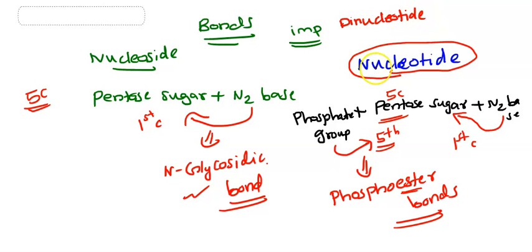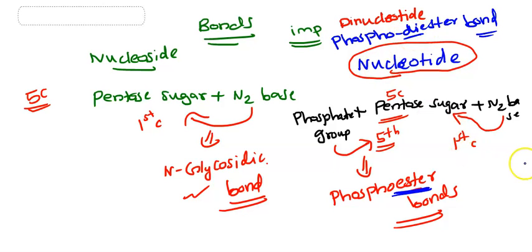Here, two nucleotides are associated with the help of a bond which is called phosphodiester bond. What is that? Phosphodiester bond. Here it is phosphoester bond. Here it is phosphodiester bond.